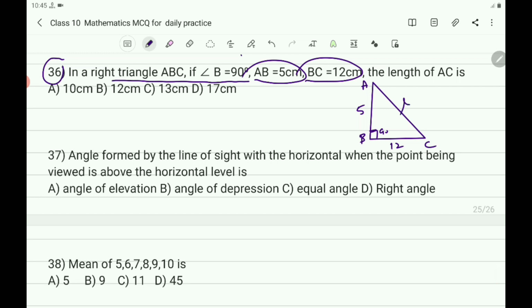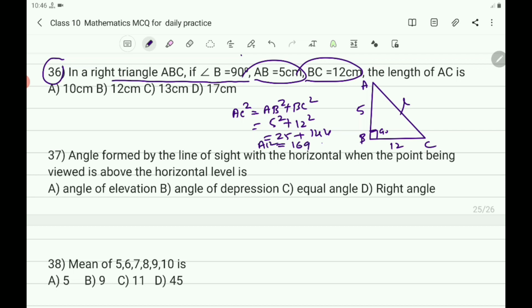So apply the Pythagoras theorem. That is, square on the hypotenuse, AC square, equals sum of the squares on the other two sides, AB square plus BC square. AB square is 5 square plus 12 square, 25 plus 144, and you will get 169.